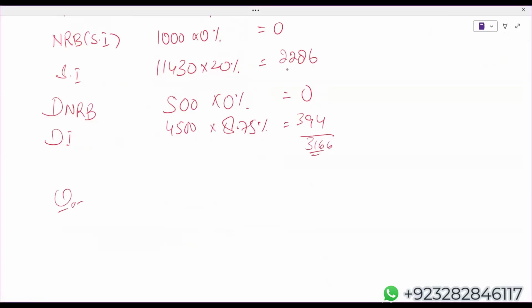Another question. This time I want every one of you to attempt this. Employment income is 80,000. Saving income is 20. Dividend income is 20.